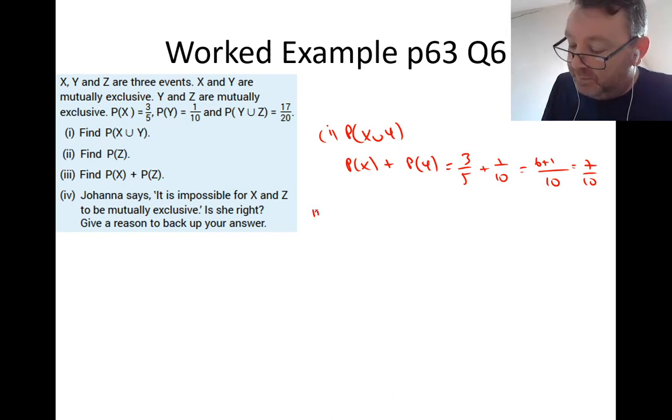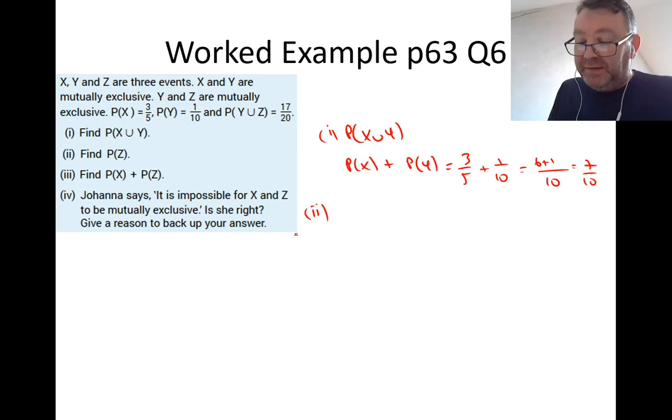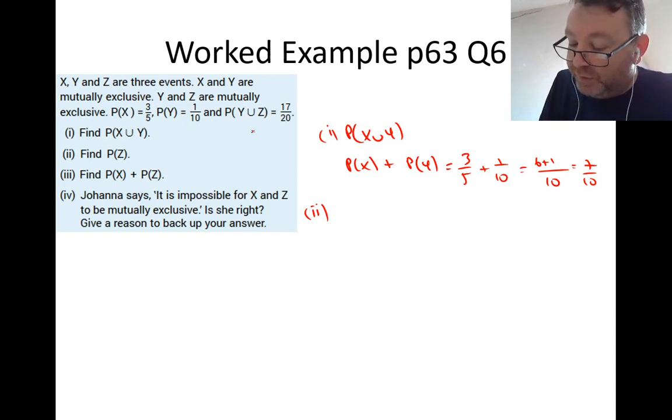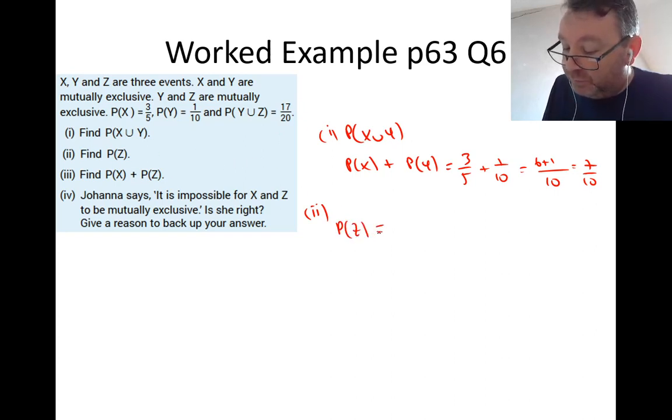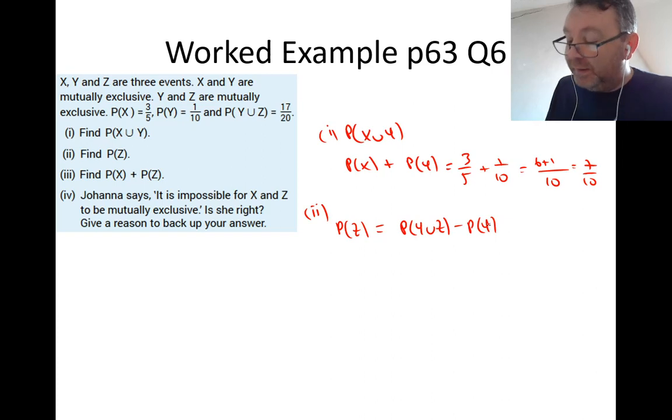Okay. Part 2. Find the probability of Z. Now, notice up here, we know what the probability of Y union Z is, and we know the probability of Y. So therefore, if I want to work out the probability of Z, the probability of Z would be equal to the probability of Y union Z minus the probability of Y. Now, just check, are Y and Z mutually exclusive?